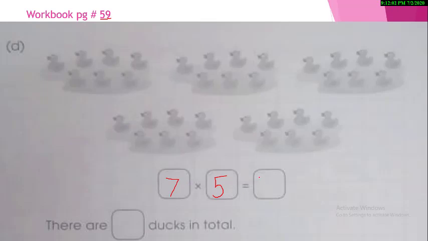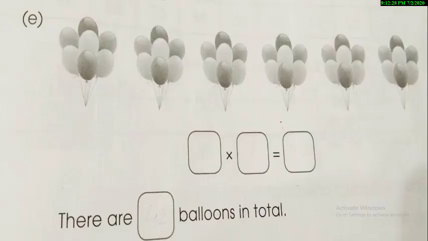The 5 times table is very easy, and I know that. What is the answer? 35. Yes. Copy the same number over here. There are 35 ducks in total. Yes, this is a so quick way. Otherwise, if we count 7 plus 7 plus 7 plus 7 plus 7, it is so difficult to count so many ducks.